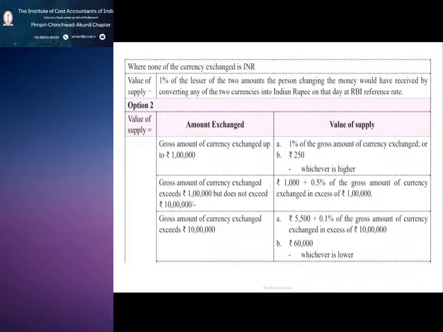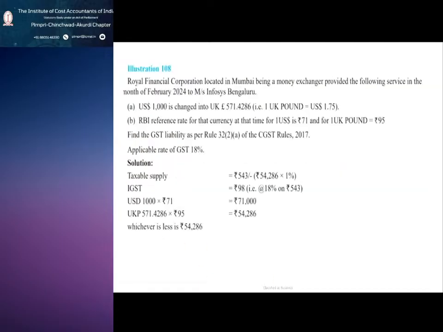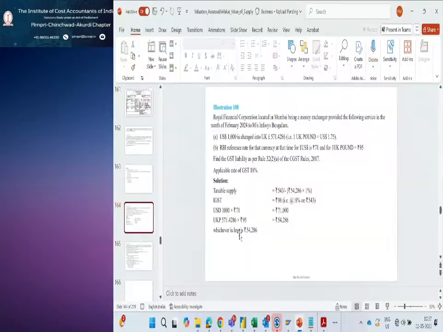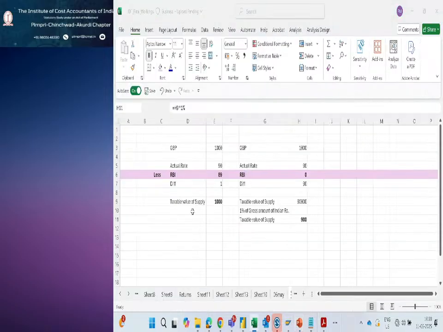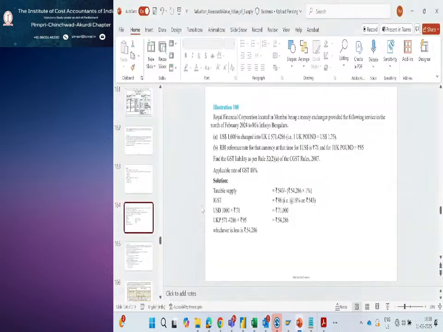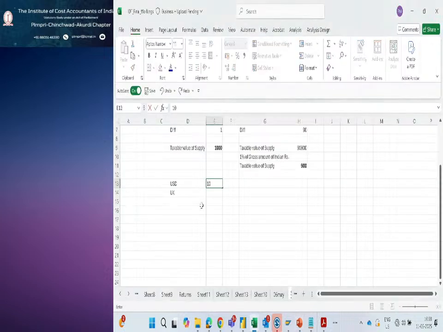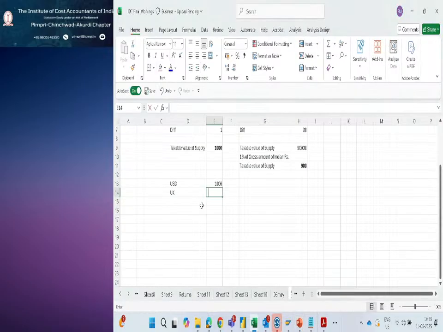Now please see it, I am taking it into Excel. Which two currencies is he changing? One is USD and the other one is UK. USD is 1000 and UK is 571.4286.